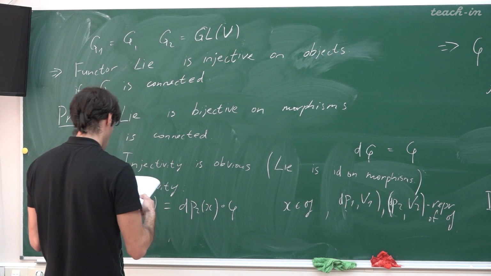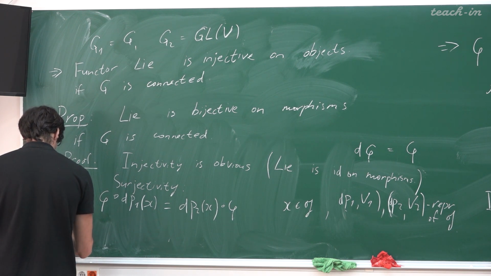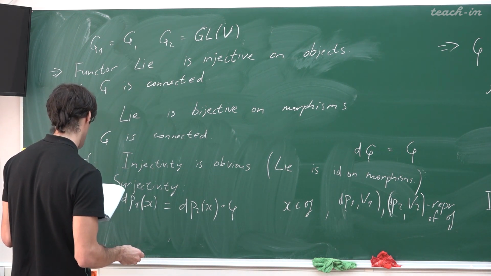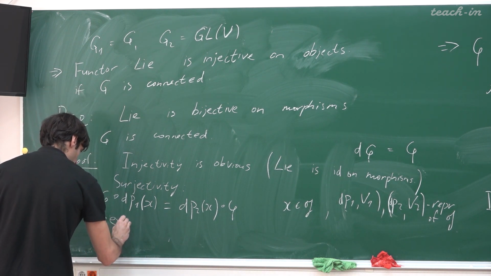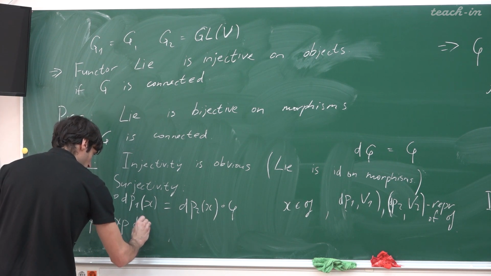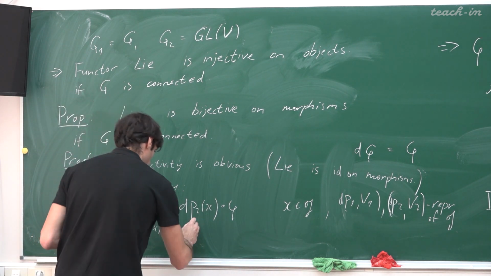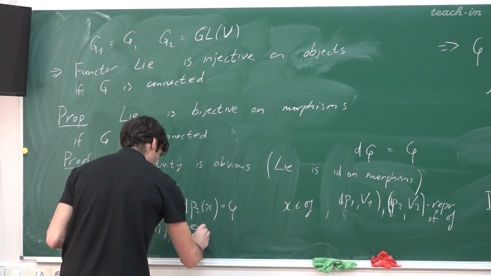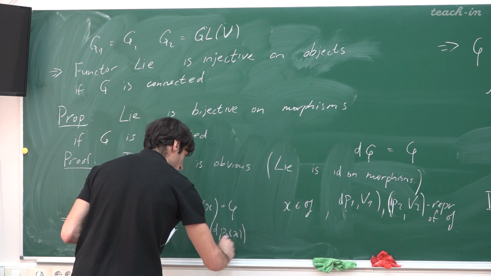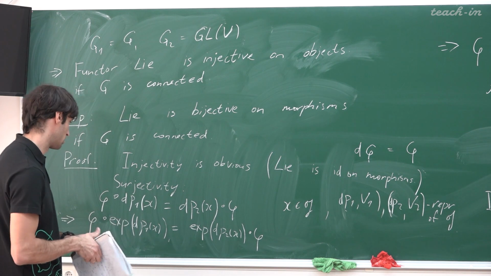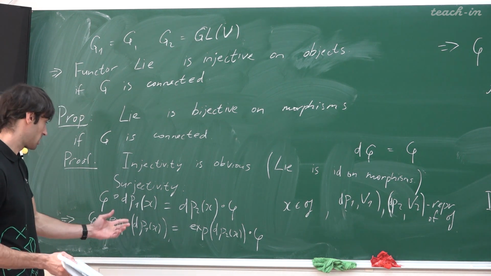Then I apply the exponential. So phi composed with exp of d rho 1 of x equals exp of d rho 2 of x composed with phi. This is just the exponential of a matrix, so it makes sense, and it is a series.